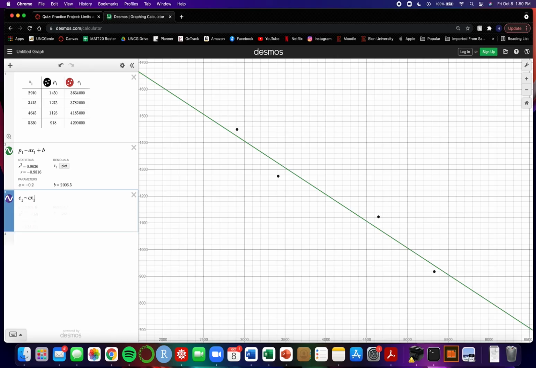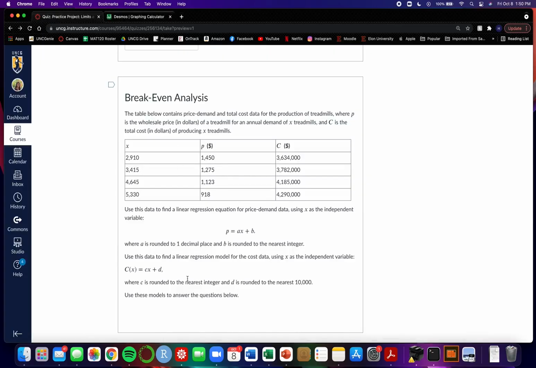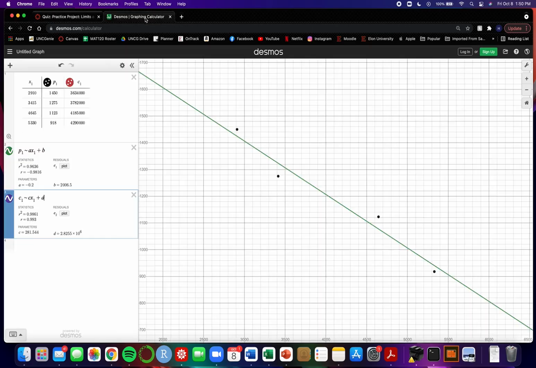And so we want a linear regression. Let's look at how we have to round. We want A to 1 decimal place, and B is rounded to the nearest integer. So looking at my first one, I get A to 1 decimal place, which is already there, negative 0.2 x plus, and then we'll round up that B to 2007.